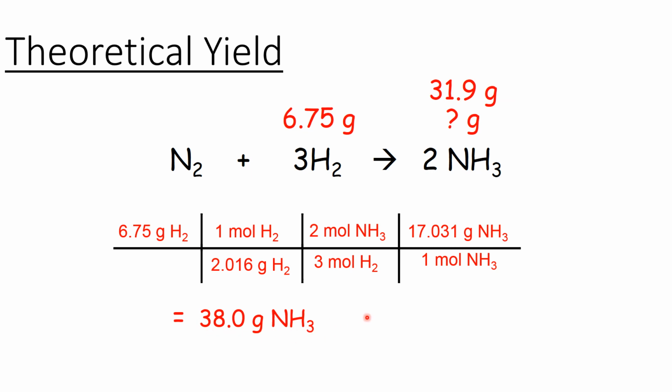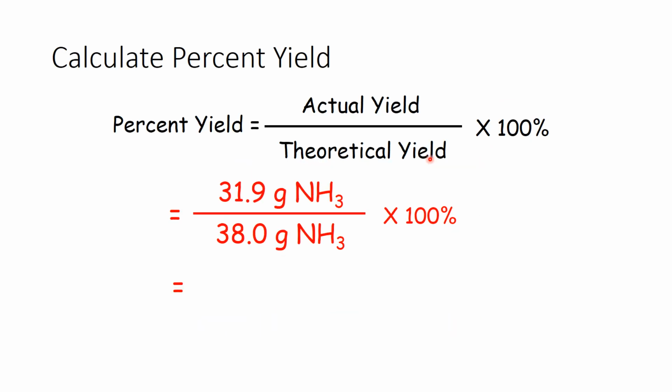This is our theoretical yield, which we can now use on the denominator up here to get the ratio of actual to theoretical. So now 31.9 over 38, we multiply that by 100 in order to convert to a percent. And we get 83.9% conversion to ammonia.